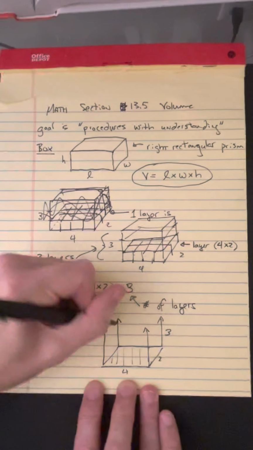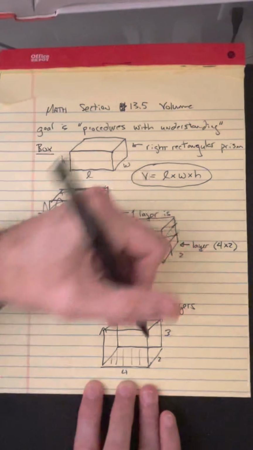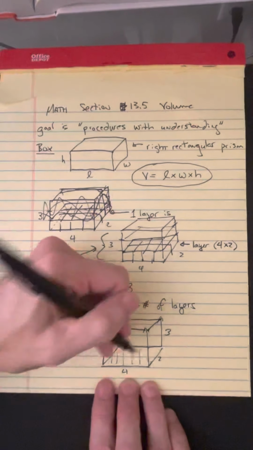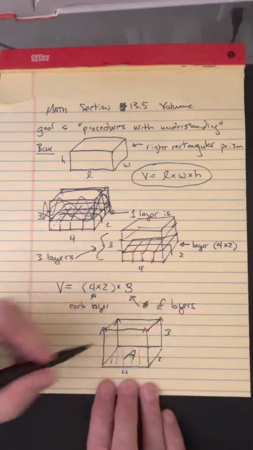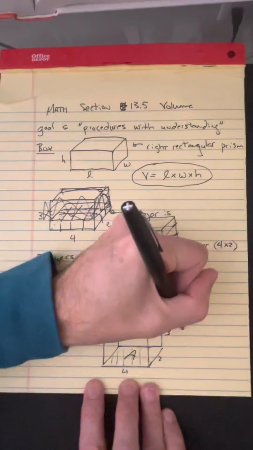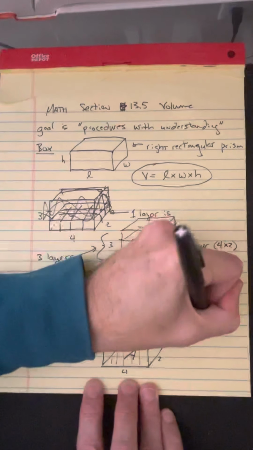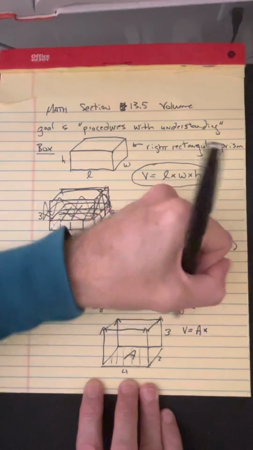So you can think of volume as an area that's getting pushed through a distance. You start out with an area and you push it through a distance. So you can think of the volume as the area times the height.